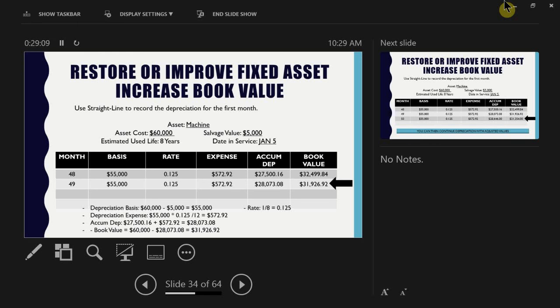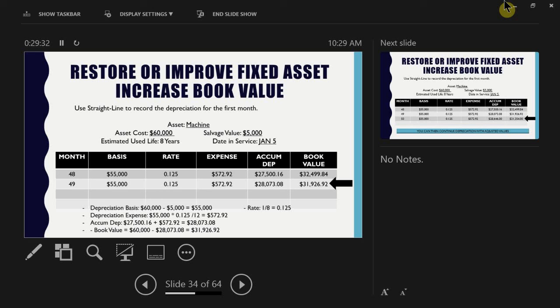So if I'm reverting and I'm saying, well, now that I have new numbers, my asset cost is now 60,000 minus my salvage value, which gives me my depreciation basis of 55,000. Now my estimated useful life is over a span of 8 years. So 1 over 8 years gives you 0.125.